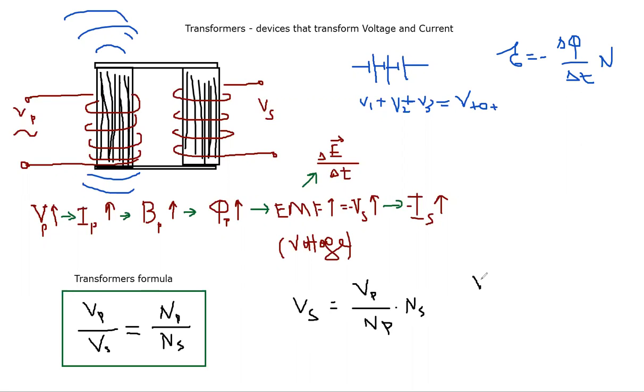So suppose V on the primary is 10 volts, and the number of turns in the primary coil is equal to, say, 20. Number of turns in the secondary coil is equal to, let's say, 100 turns, right? What will be the voltage in the secondary coil? Okay, please respond in the chat box.